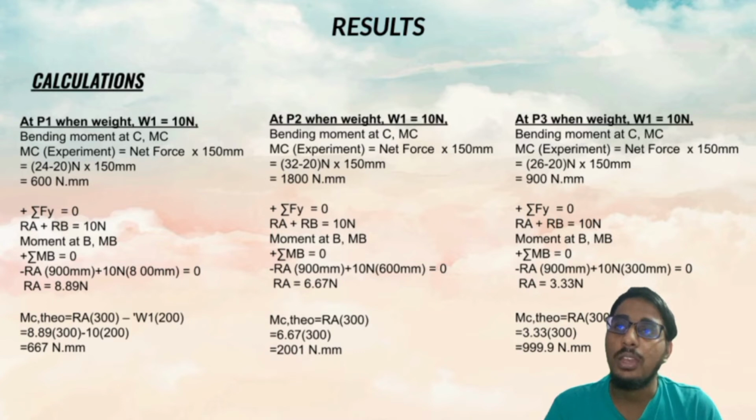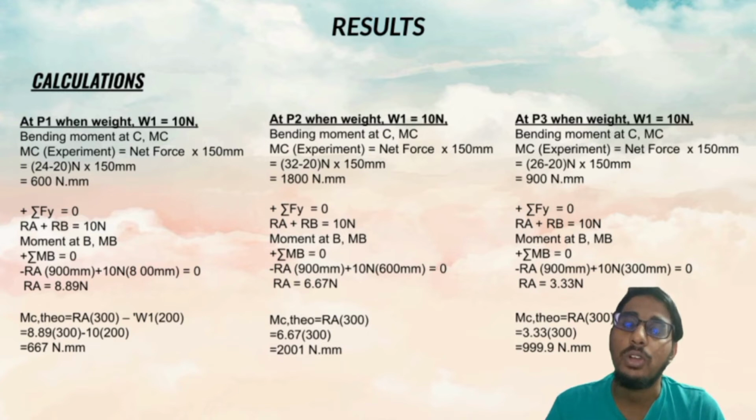So we do 24 minus 20, where the balance reading is 24 and the initial balance reading is 20 Newton, and times 150 millimeter, we have got 600 Newton millimeter as the moment of the experiment.